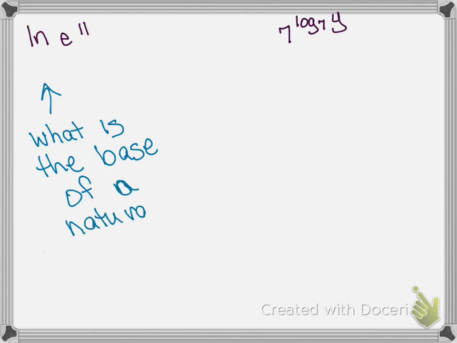What's the base? 10 is the base when we are using a log that isn't written with a base. So if I had log of 14, that's when I have a base of 10, because that log doesn't have a number written for your base. But the natural log, what is the base of a natural log? e. Okay, the natural log is e.